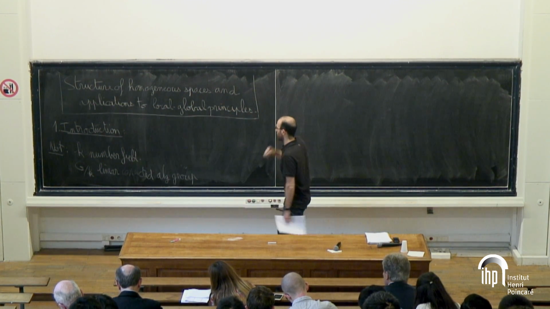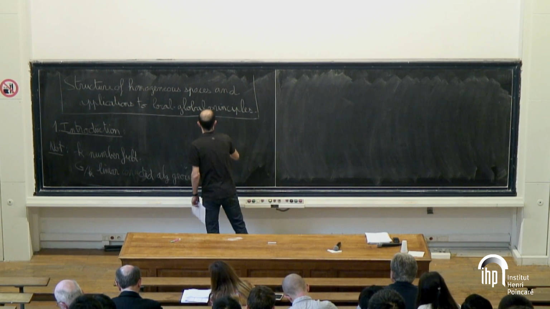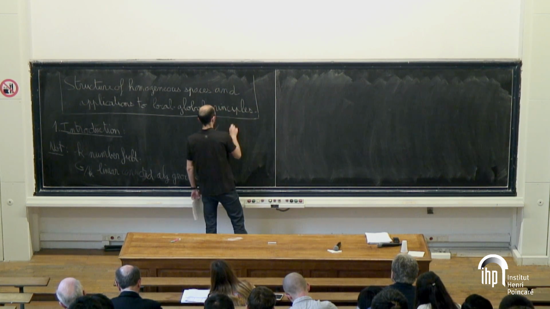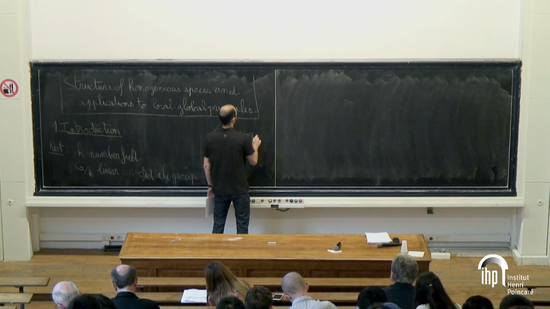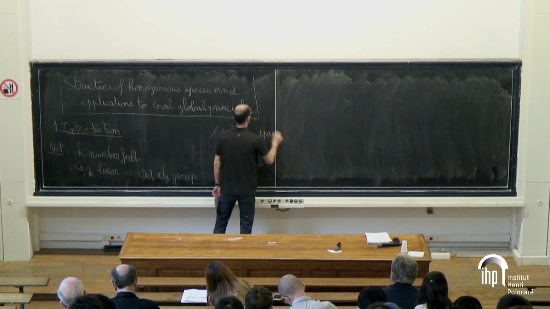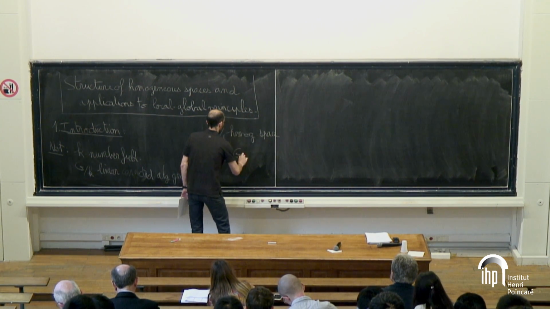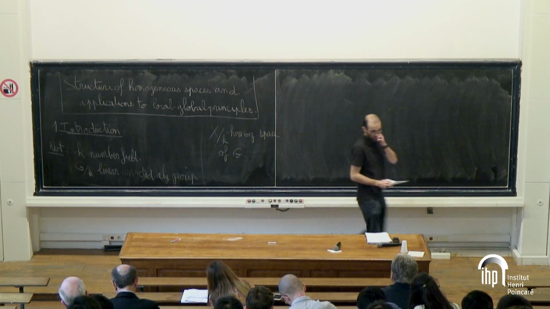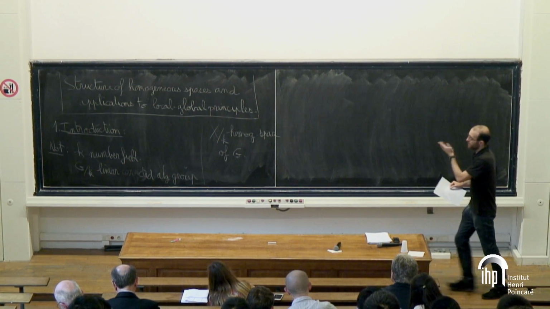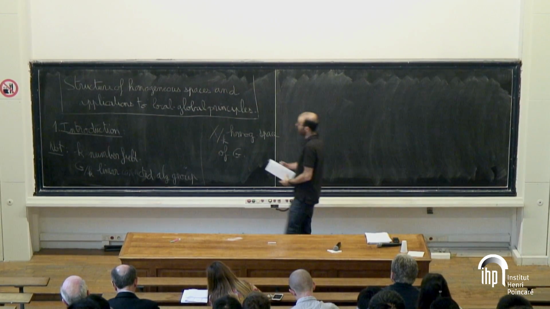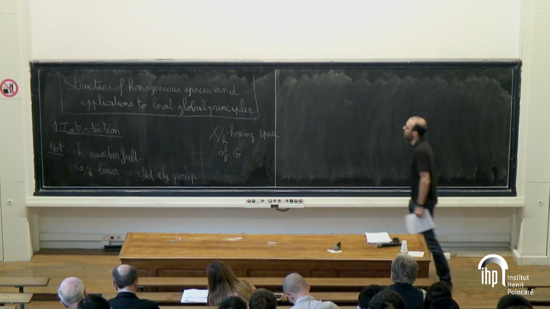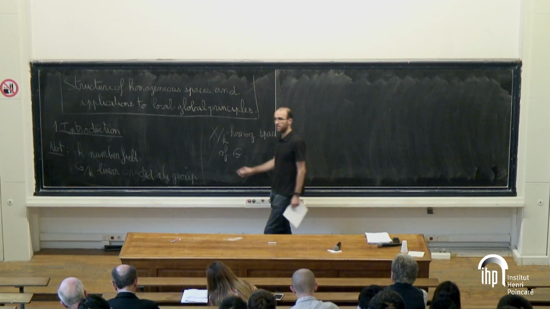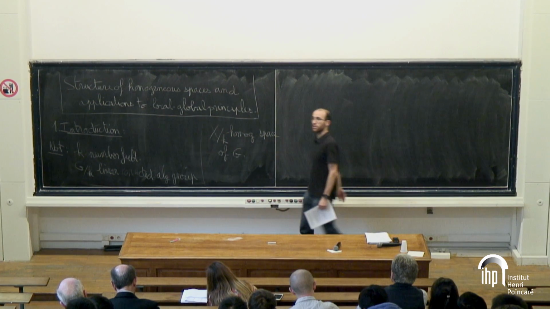And X will be a homogeneous space over k, a homogeneous space of G. And so, well, since algebraic groups over k bar are rational varieties, X is geometrically unirational.